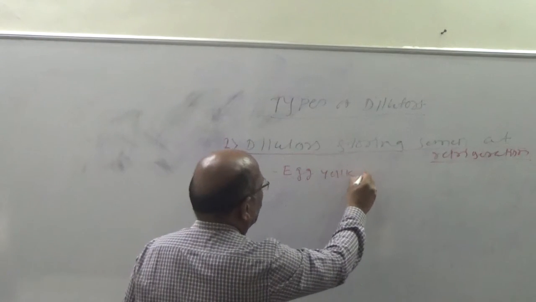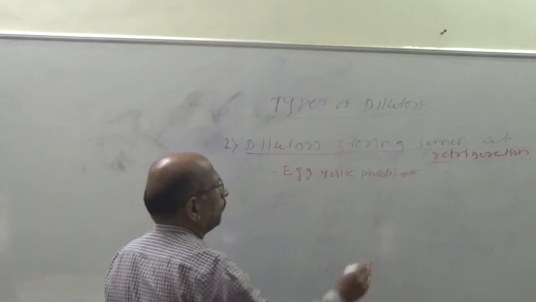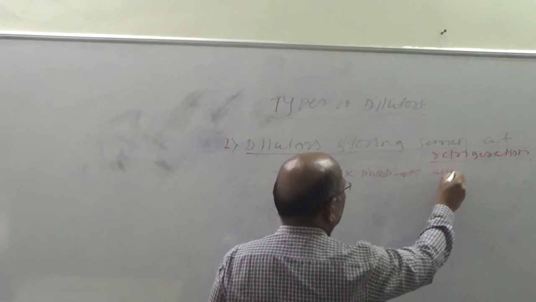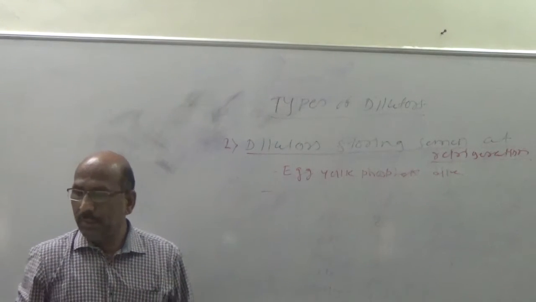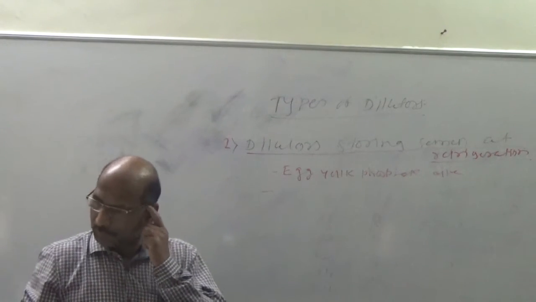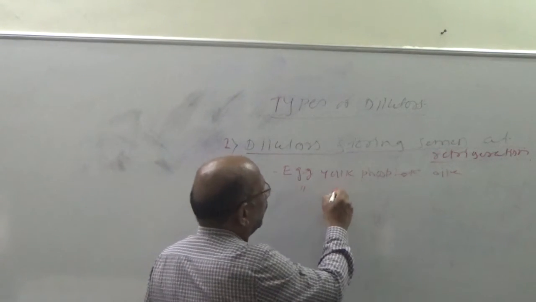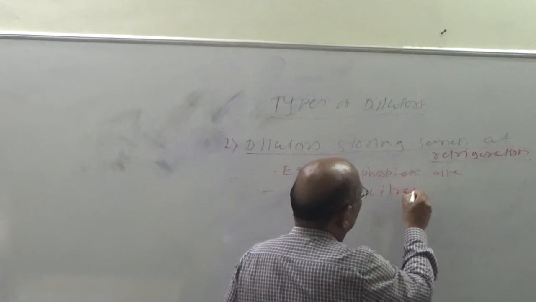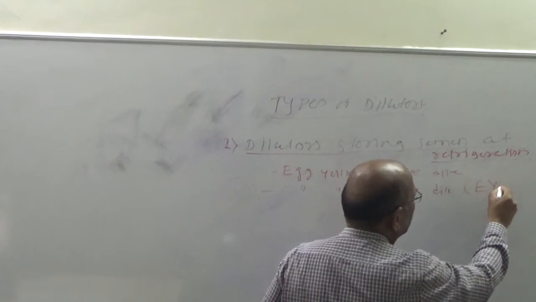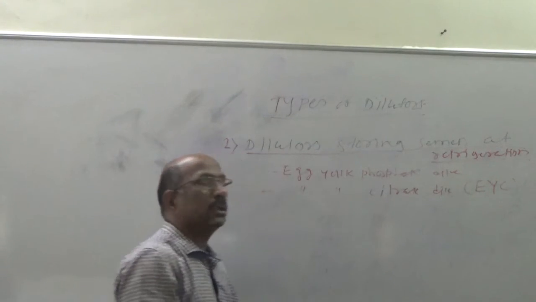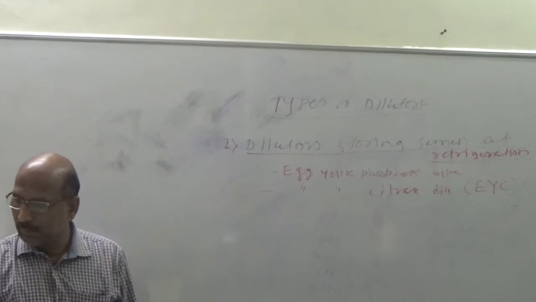These are the egg yolk phosphate diluters. Next, the egg yolk citrate diluter, that is EYC.